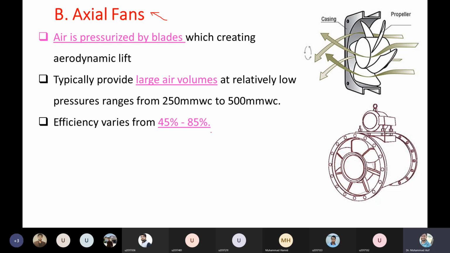They have a wide range of efficiency, from a very low 45% to 85%. Similarly, they go from medium pressure up to 500, because more than 500 means high pressure. So they are typically used for low pressure applications but with a large volume flow rate.